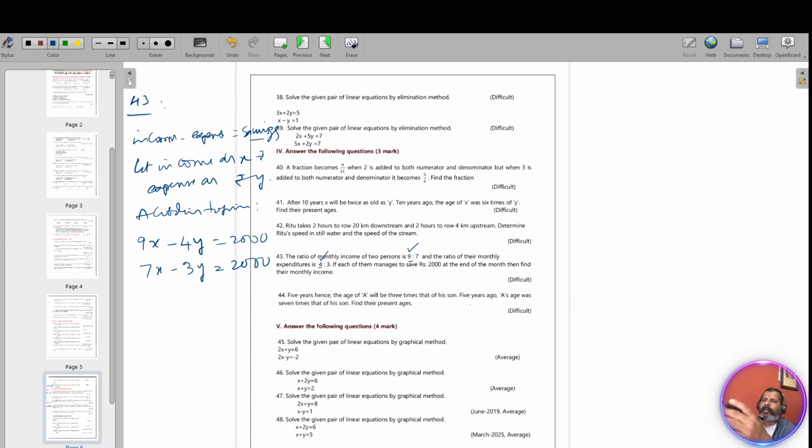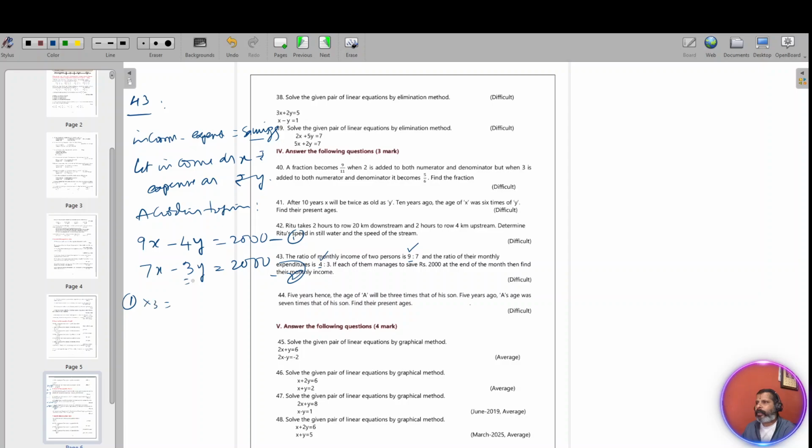Since the equations do not have the same coefficients, we have to solve these two properly by the elimination method, making the coefficients equal. Let's see. What I'll do is take the y coefficient equal now. So equation 1 into 3 I will make.